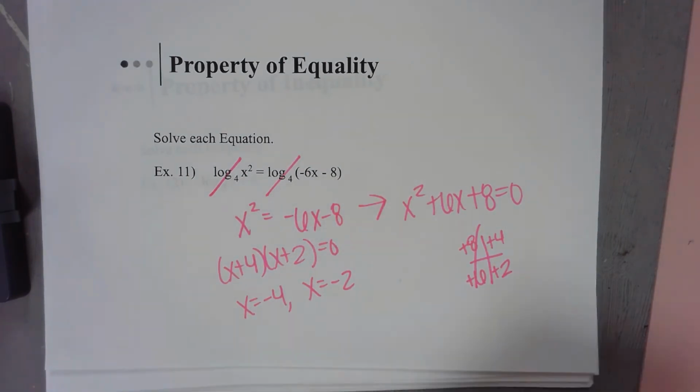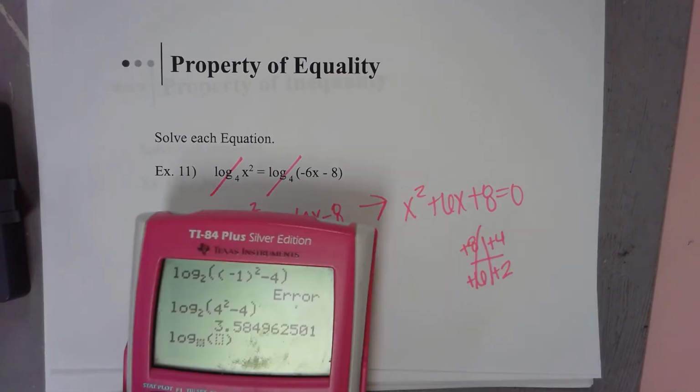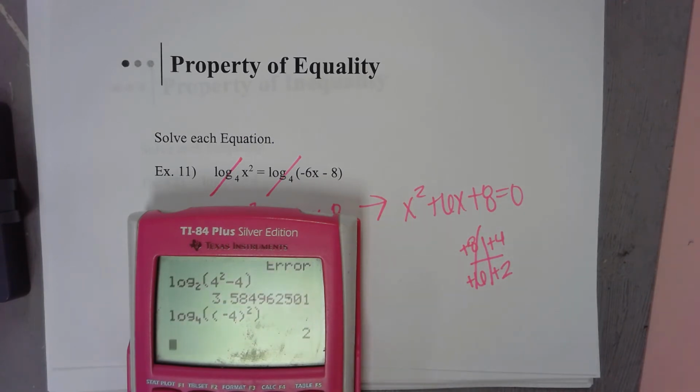Alright, so we're going to check these. Alpha window, and let's see, I can't see my problem. Log base 4 of negative 4 squared is 2. And then alpha window, log base 4 of, what was my other one?